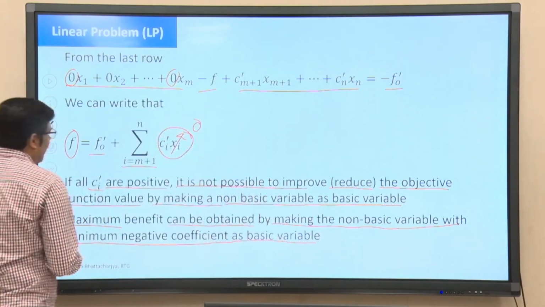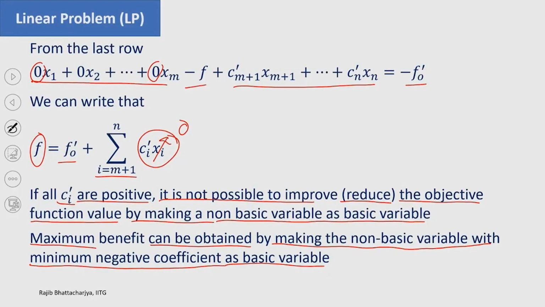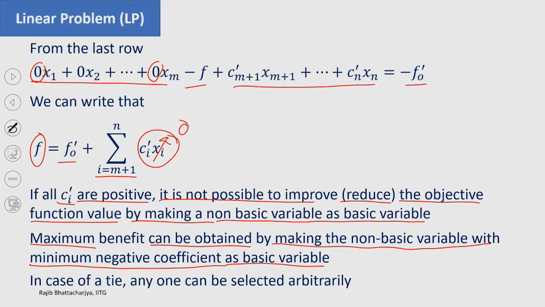So, maximum benefit can be obtained by making the non-basic variable with maximum negative coefficient a basic variable. In case of tie, as I also explained in the last class, if the coefficients of two variables are equal, I can take any one of them; any one can be selected arbitrarily.